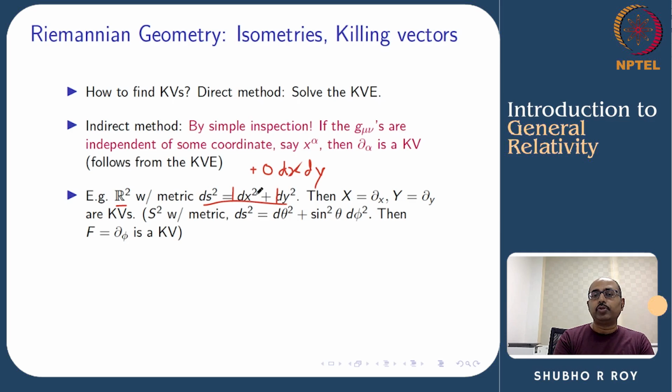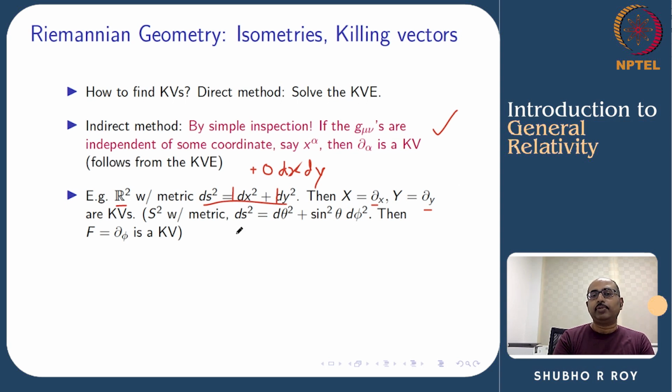All three of them are constants. So by the rule I mentioned, del x and del y, which I've denoted by capital X and capital Y, will be Killing vectors. These are 2 Killing vectors. One can check that indeed this is true, and as I said, this is obviously true.